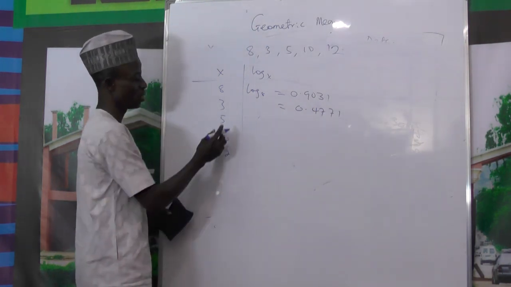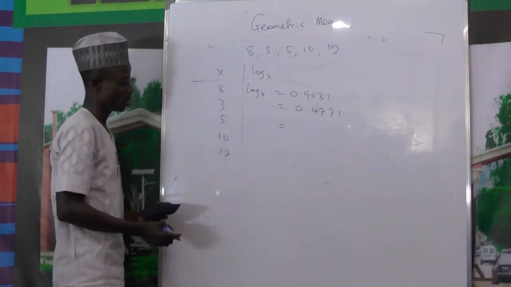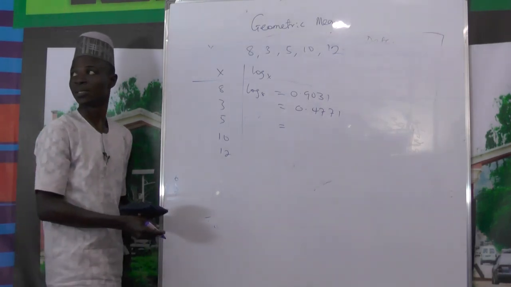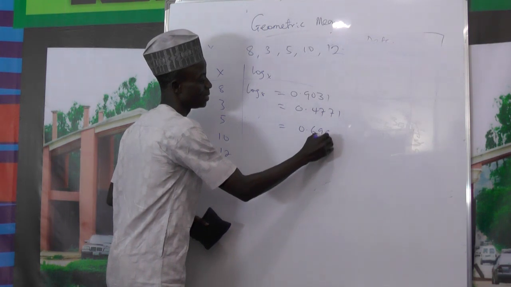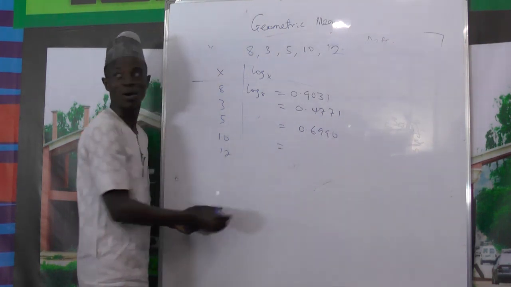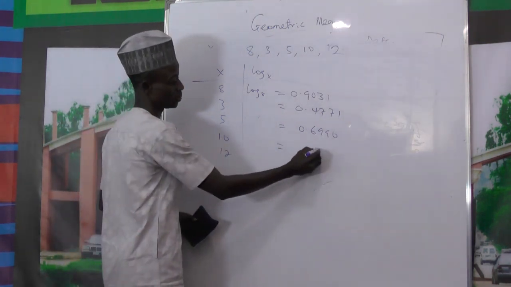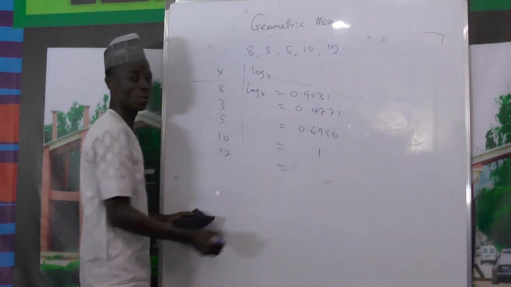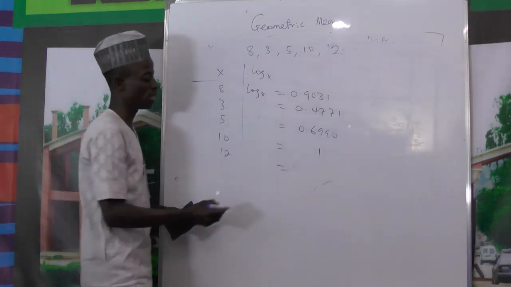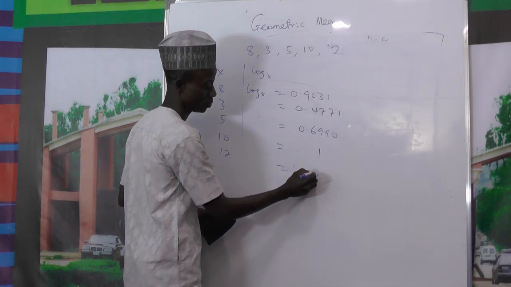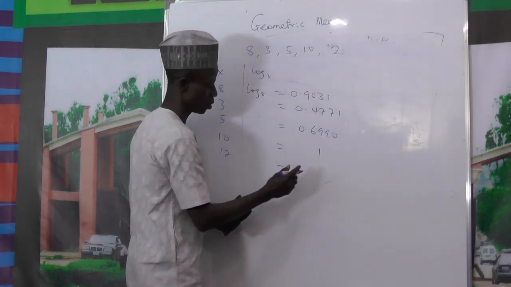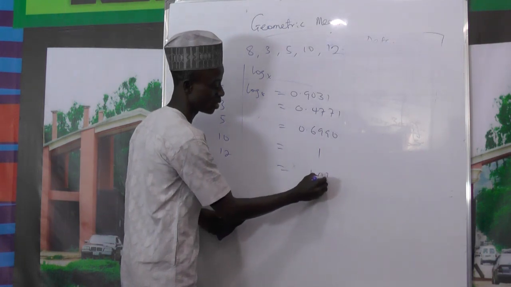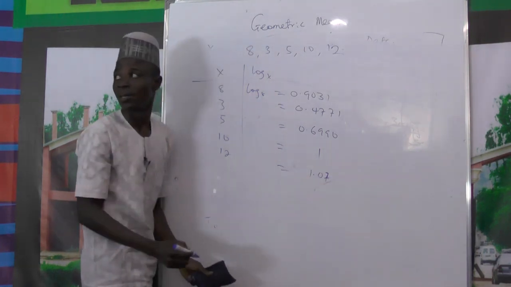So if we take the log of 5, it will give us 0.6990. Then the log of 10 will give you 1. Then the log of 12 will give us 1.0792.